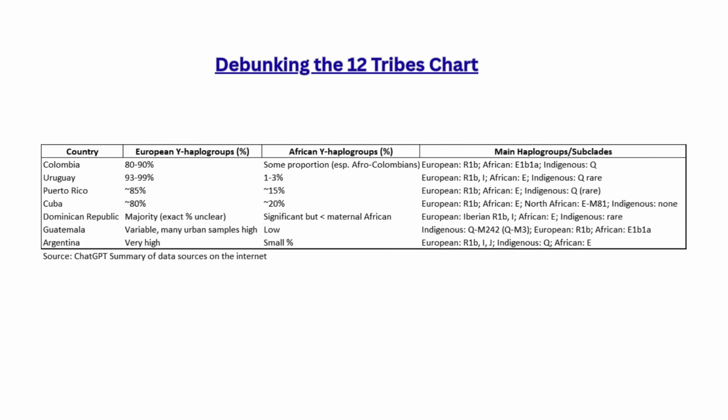So, as I touched on before, most of these population groups, all of these population groups, the vast majority of the Y-DNA haplogroups represented are not E1B1A. In most cases, they're European haplogroups.